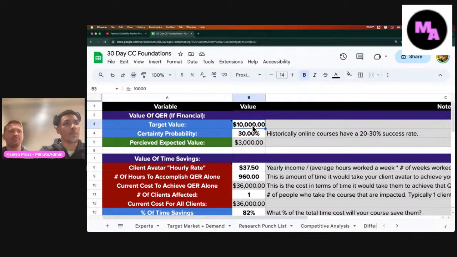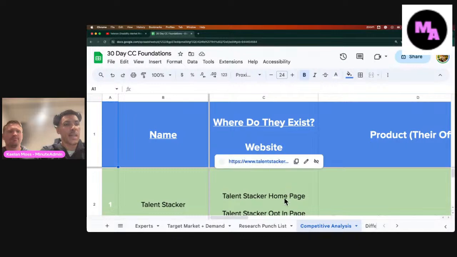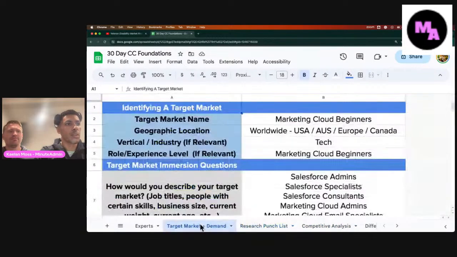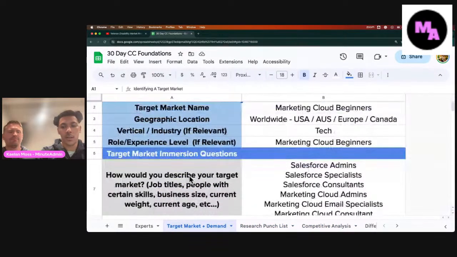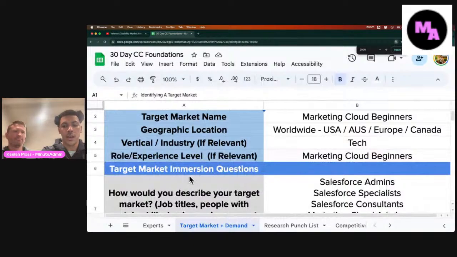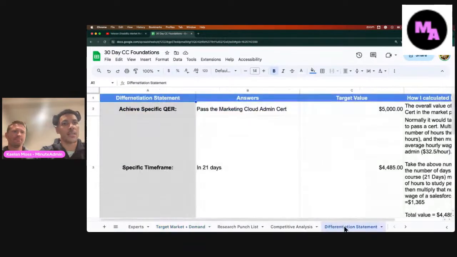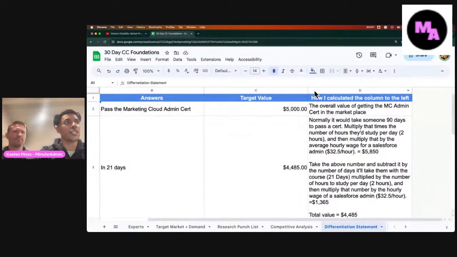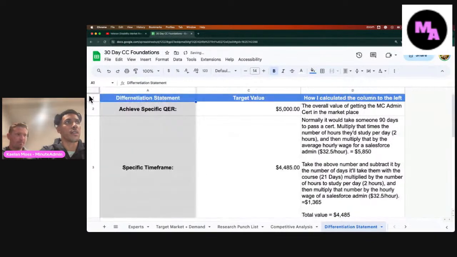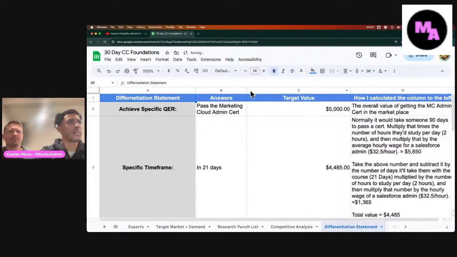All right. So from what we saw, Taylor, when we did our competitive analysis, our research punch list, our target market demand, we saw a certain price. Now, we did our differentiation statement. Let me pull this up.